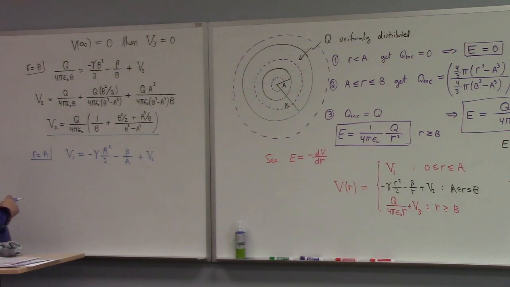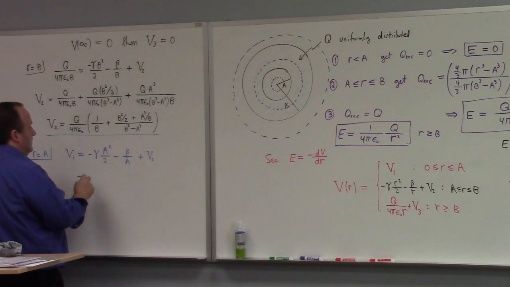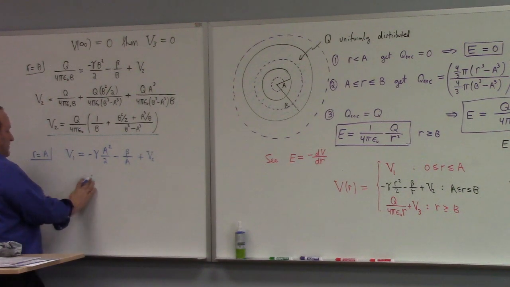And then, of course, we could work this out. I could actually put in my gamma and my beta. So V1 would be. I'm done.